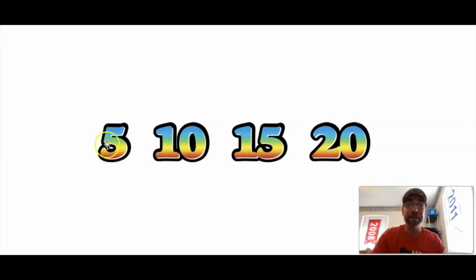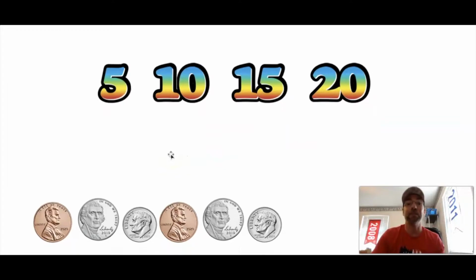This pattern is skip counting by fives. The colors also resemble a pattern. They go dark red, yellow, green, and blue. So patterns can also involve colors.